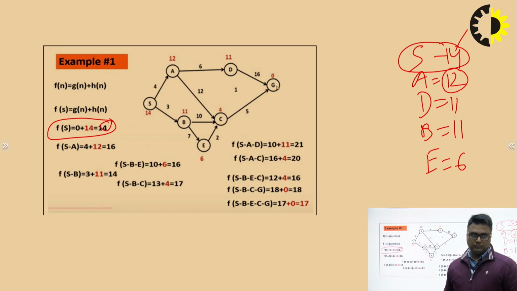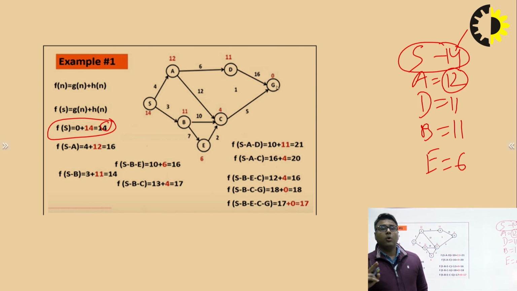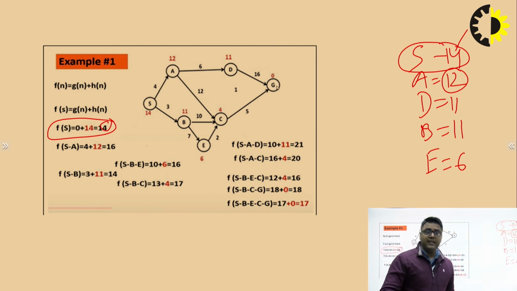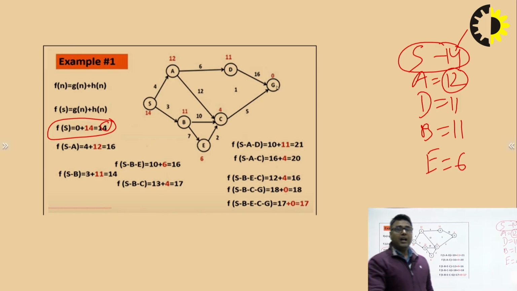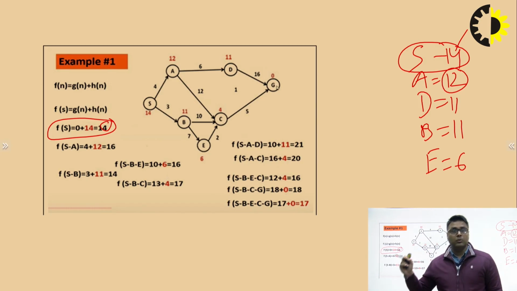A star provides the shortest path distance between start node and goal node.